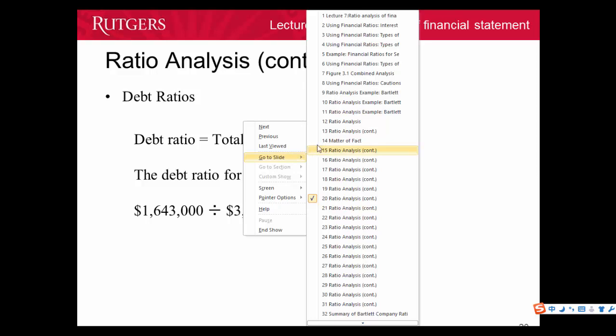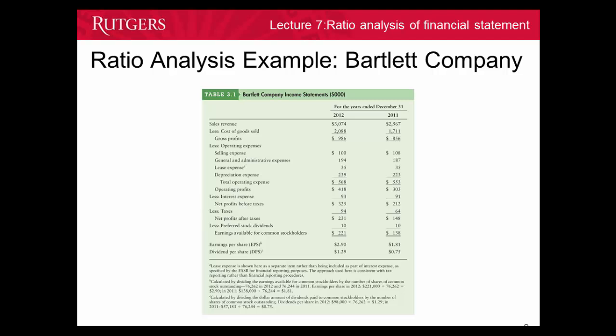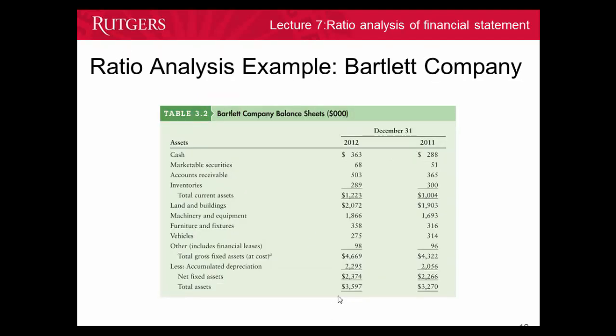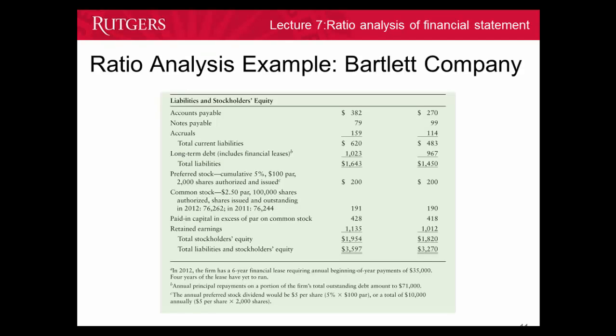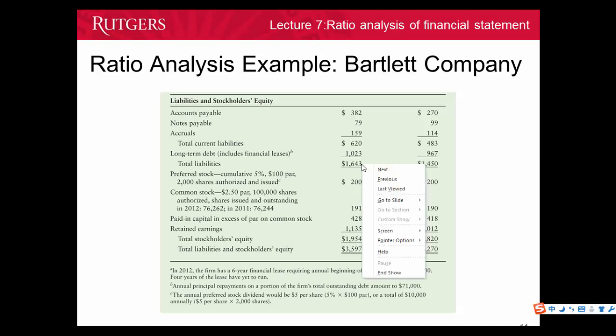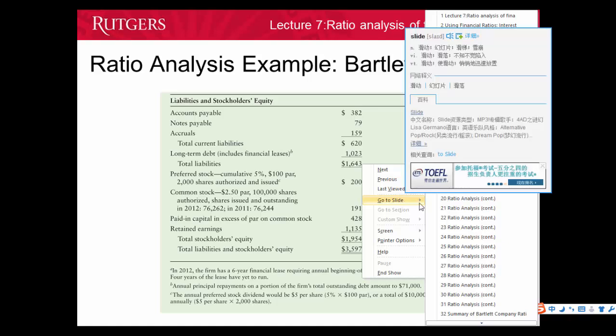So let's first find total assets. Total assets is 3,597,000, and the total liabilities is listed here. It's 1,643,000. So this leads to a debt ratio of 45.7%.